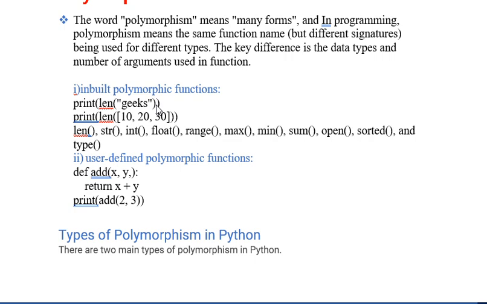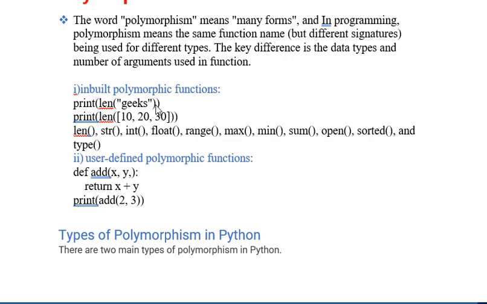The acting of that woman will be different in different scenarios: sister with the brothers, student in the school, and she will be acting as a child, daughter, in front of the family. So in different scenarios, with different arguments, it will be different, but the same woman, same function name, different arguments. So relate this example with this concept.